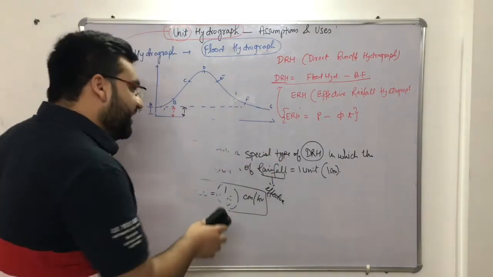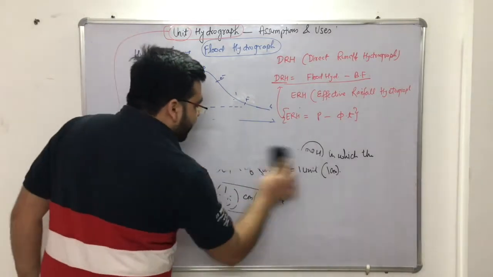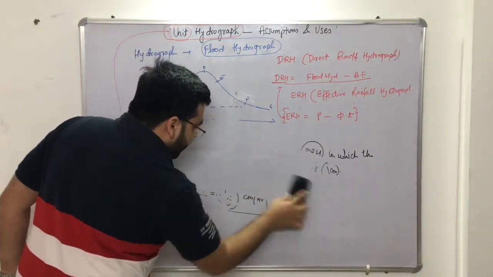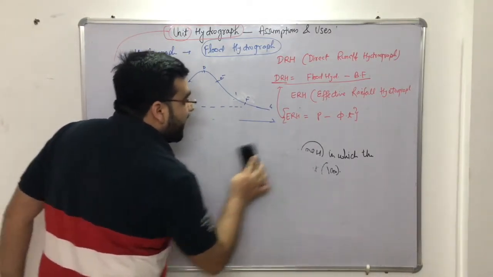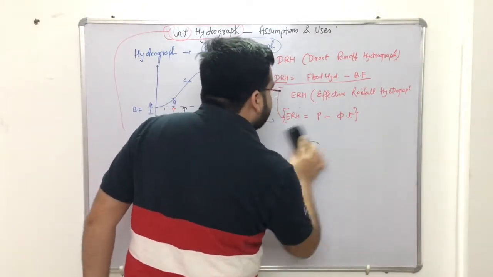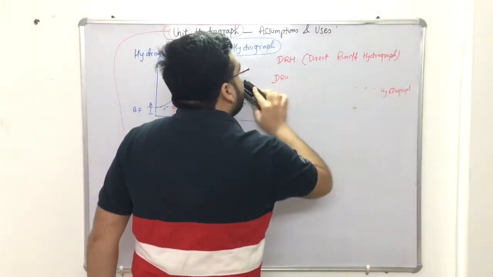So 1 upon d centimeter per hour will be the intensity of rainfall. Okay. Now let us discuss some assumptions in the unit hydrograph method.